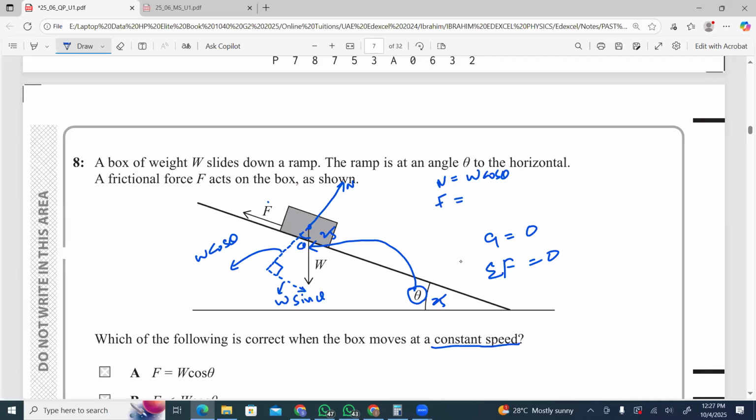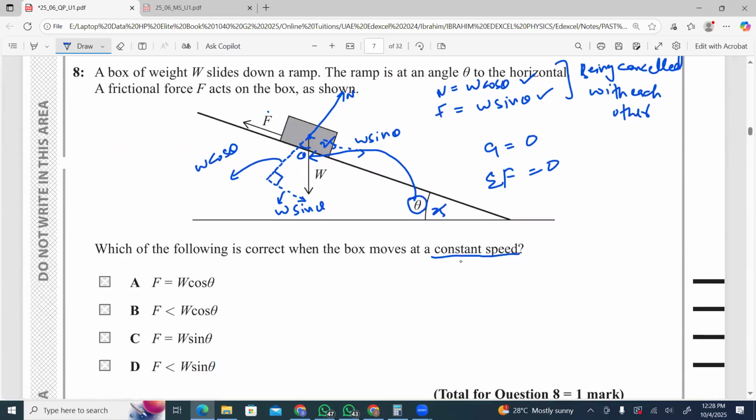So either you write W sine theta here, or you keep the W sine theta below, as I have done. It makes no difference. It will be all the same. So these forces are being cancelled with each other. Therefore, the option is going to be F equals W sine theta.